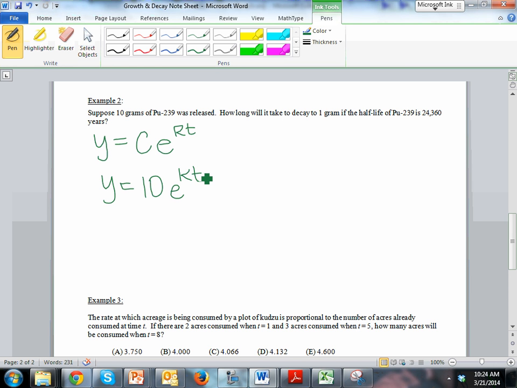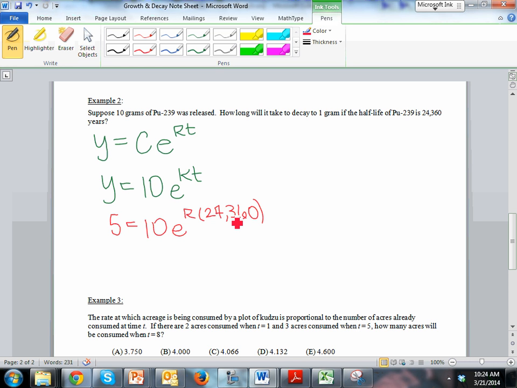Half-life means what? After a certain period of time, we're at half the amount. What is half of our amount? 5. So we are at 5 when time is 24,360, because the half-life is that many years, so that's how long it takes to get to half its amount.